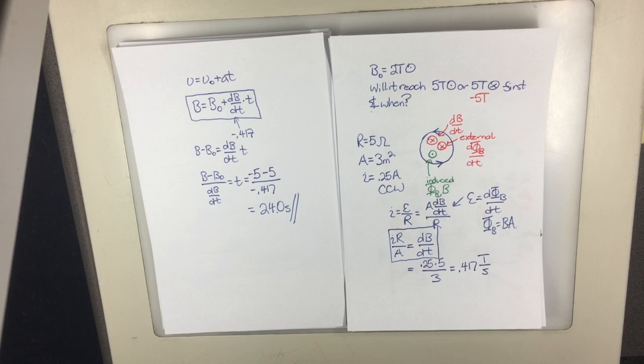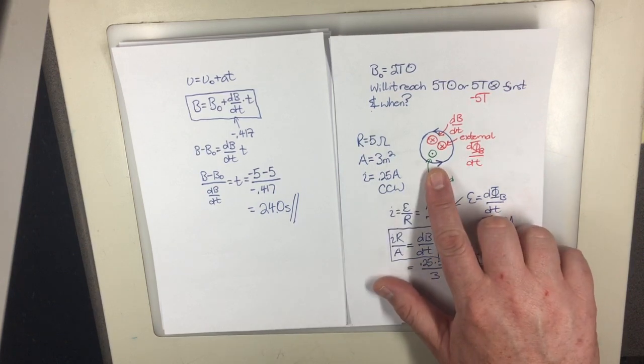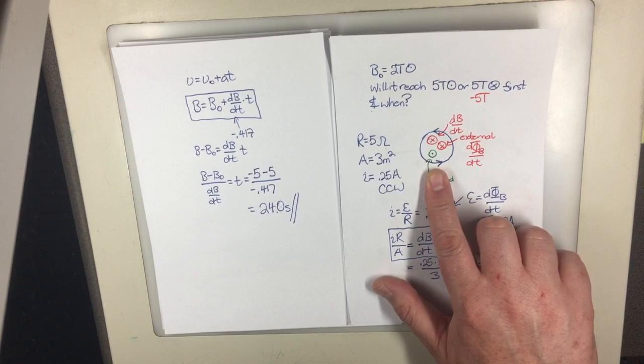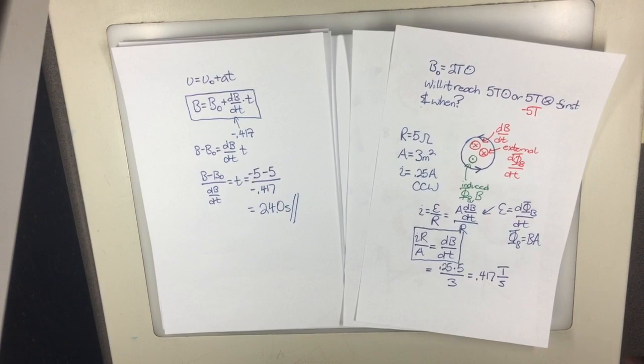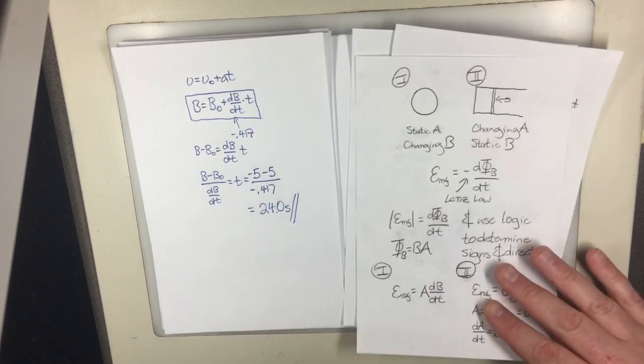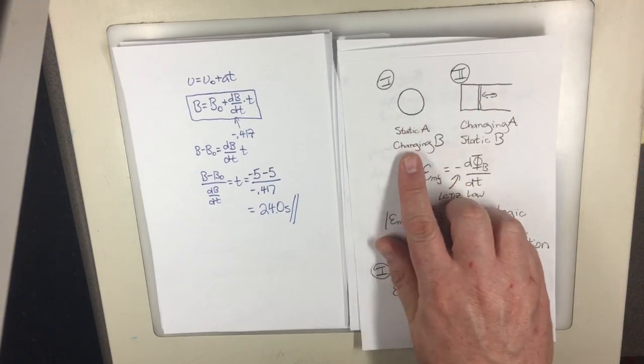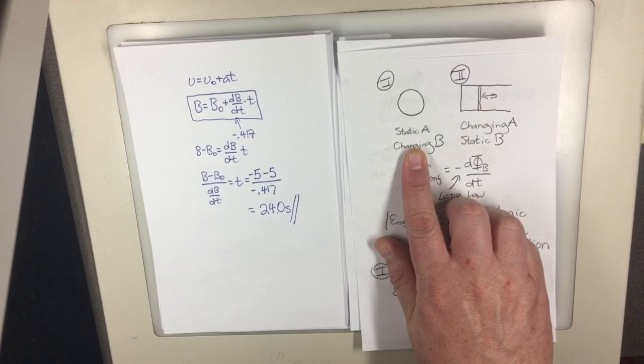Now, let me reassure the class. Either it's going to be a problem where the B field changes and nothing else, or the area changes and nothing else. This is the classic problem where the area does not change. If it's a circle, the area doesn't change.